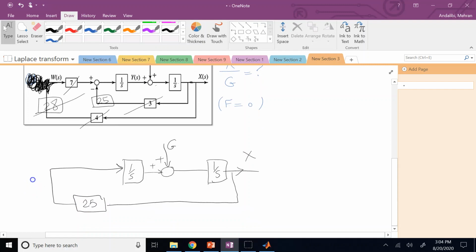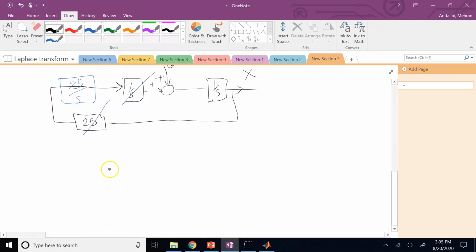So that's what you get. And now this 25 and 1 over s are in what? In series. So I can again simplify these two, have a single block that is 25 over s, right? And so now you have this one. And I can bring this g here, it doesn't matter.